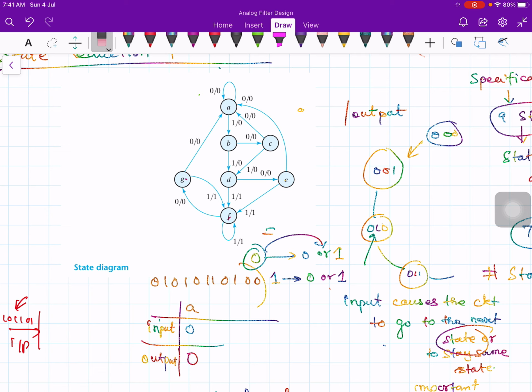Look at here. Input is 0 and output is also 0, and the state stays in the same state. It will not move.